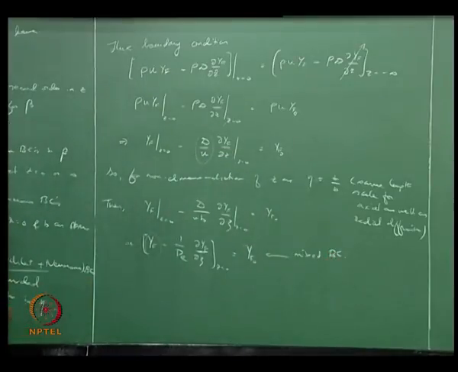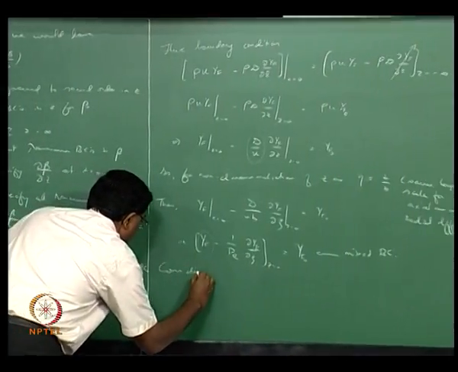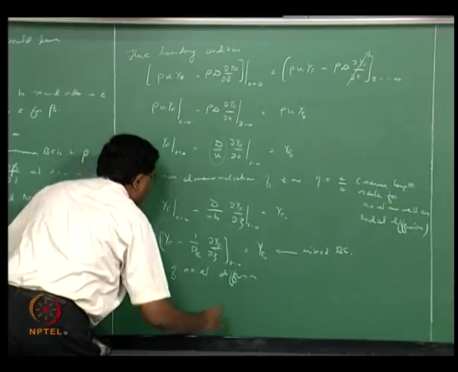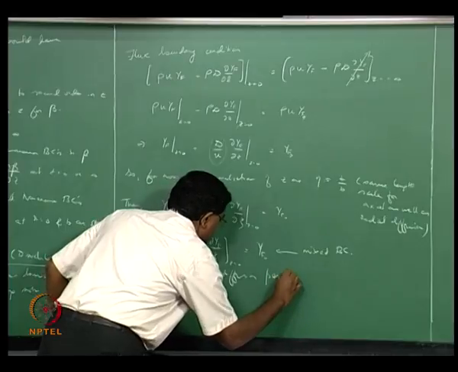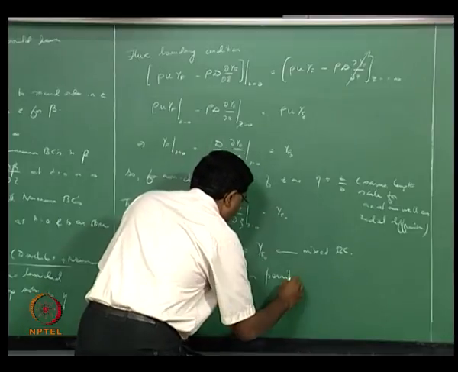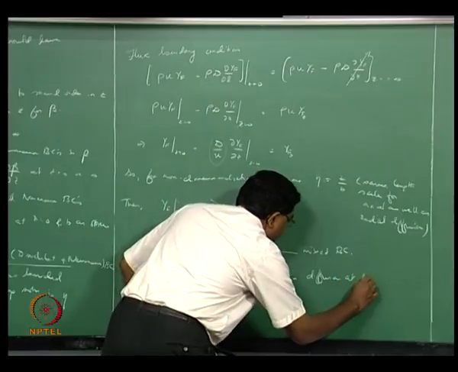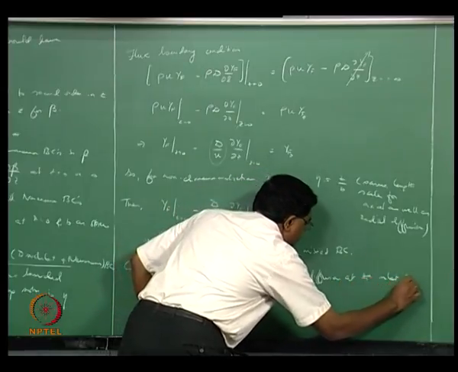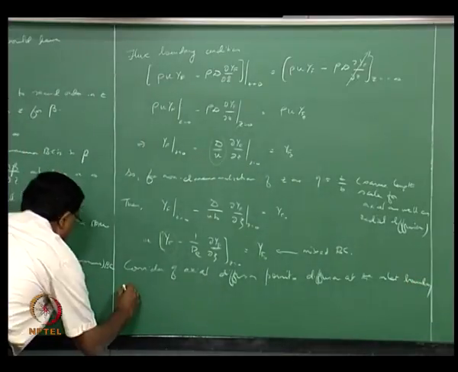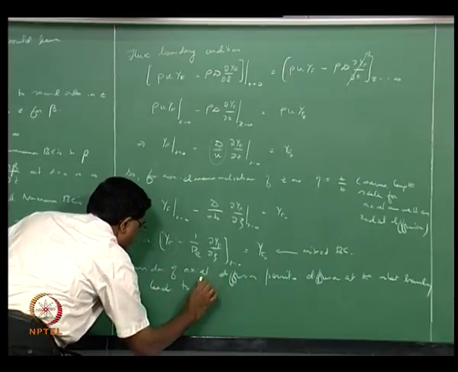So the summary of what we are talking about is that consideration of axial diffusion permits diffusion at the inlet boundary, right, and leads to a mixed boundary condition.